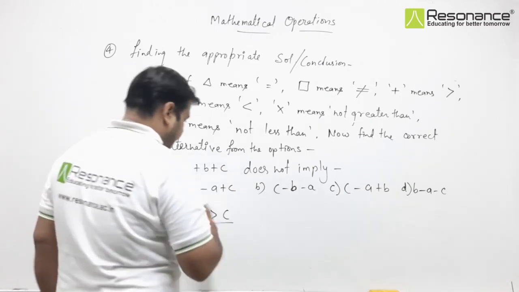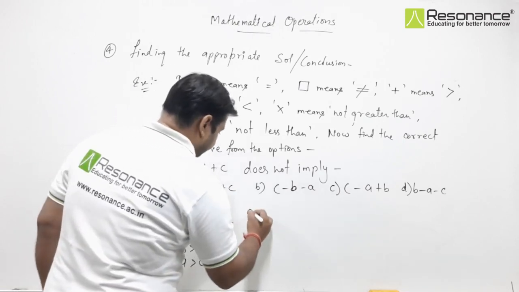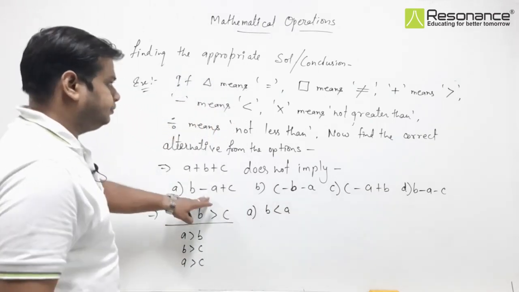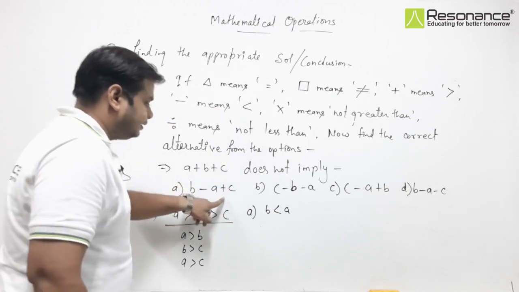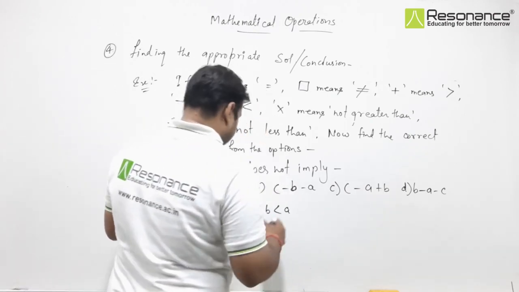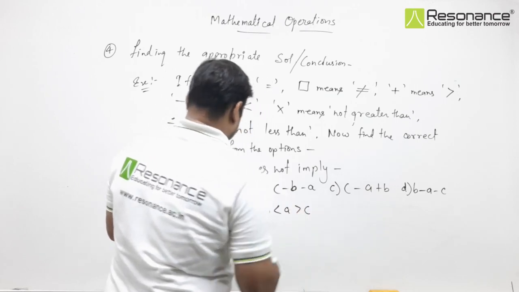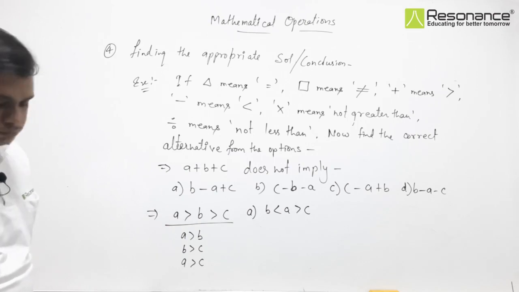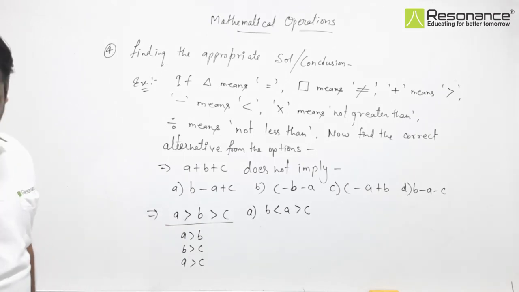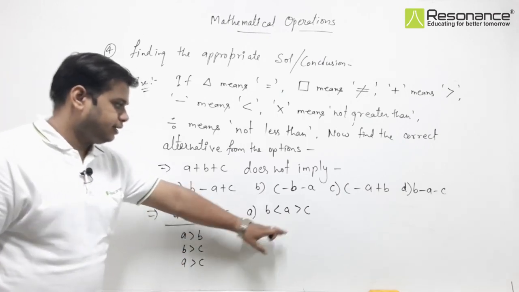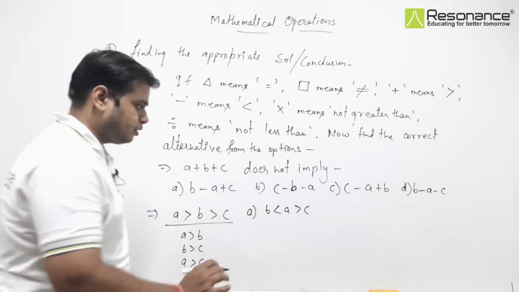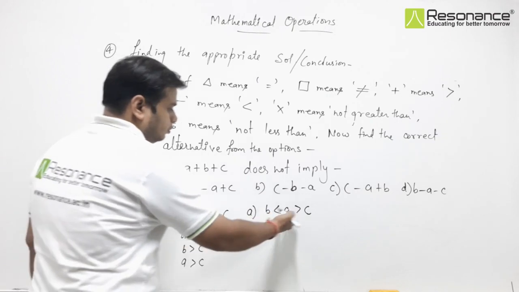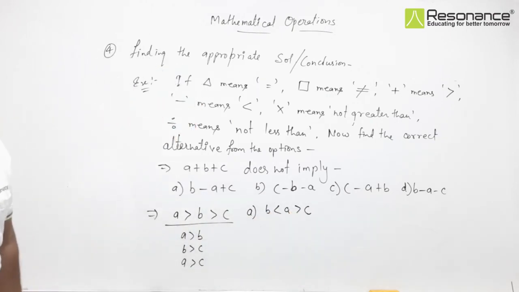Now, let us solve the first option. The first option says B minus A, and minus means less than, so B is less than A, and plus means A is greater than C. So A is greater than B and A is greater than C, both the conditions are showing here.